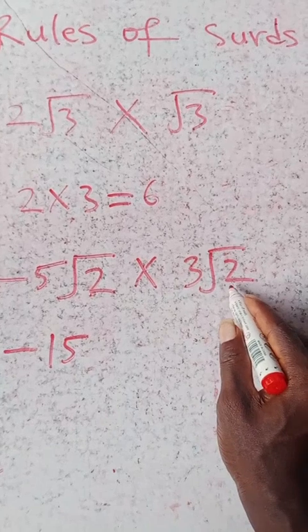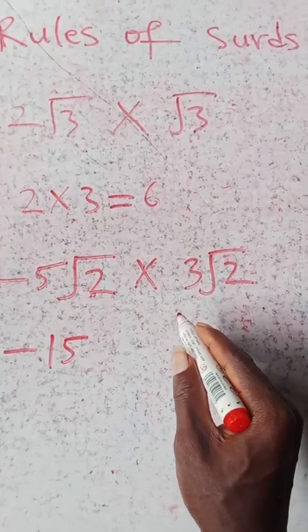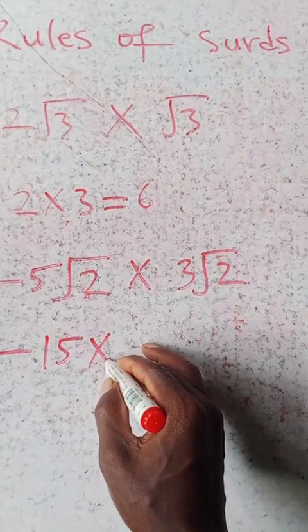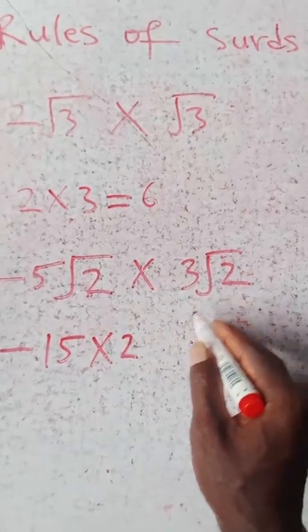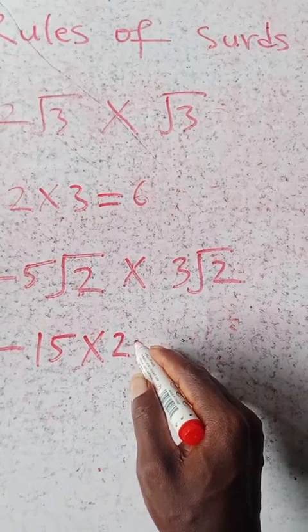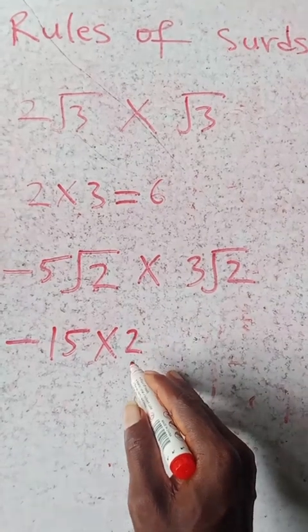I told us that root 2 times root 2, since the roots are the same, is just the number in the root, which is 2. So I'm going to use that 2 to multiply this number. So I'll write times 2, because root 2 times root 2 is 2. I will not write root 4. Root 4 is a perfect square, and you have to find the value of root 4, which is 2.